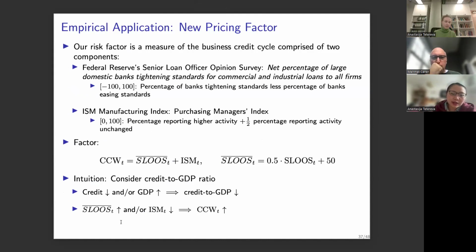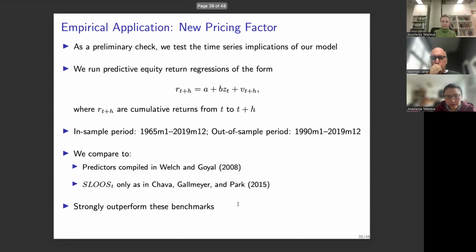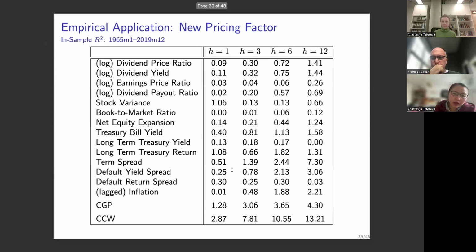Again, the raising of the Sloan survey and the drop of SMT represent a raising of a CCW factor, but it's associated essentially with a drop of the credit to GDP, so it's a tightening of the credit ratio. We're checking, via prediction regressions with various horizons, the prediction power of this factor.